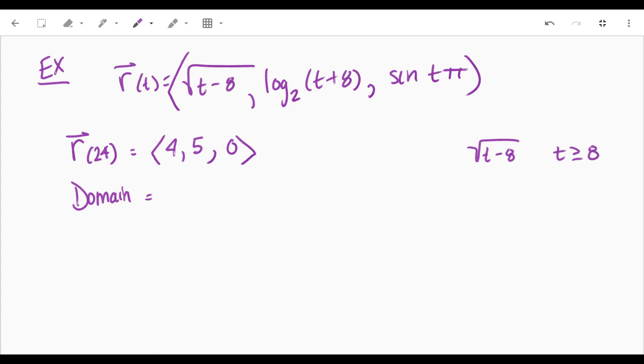For your log base 2 of t plus 8, we would actually have to have t plus 8 greater than 0. So t would have to be greater than negative 8. Okay, and then your sine of t pi, we could have all real numbers there. Okay, so where is the overlap or the intersection of all that? Well, that would be t greater than or equal to 8. So your domain would be from 8 to infinity.